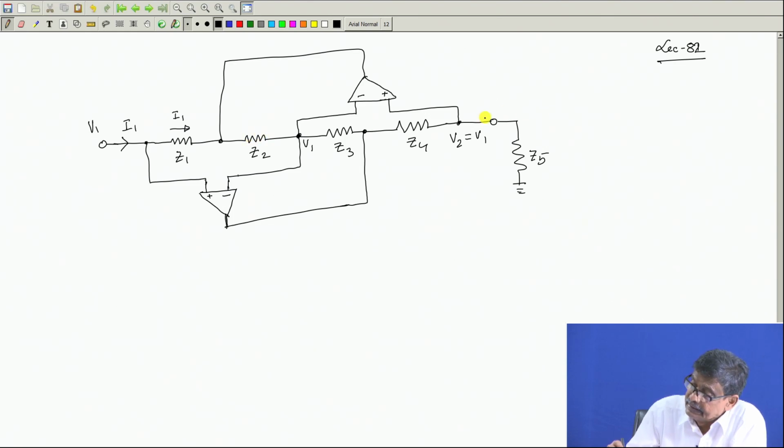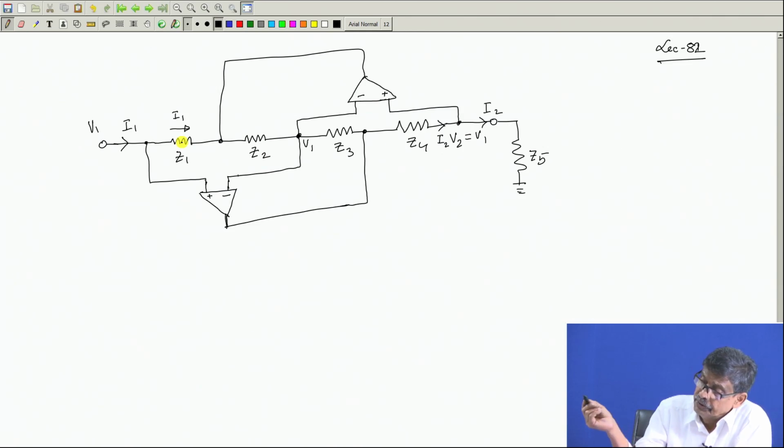Suppose I say that this current is I2, then there is no current in this branch. Therefore, applying KCL here, it will also give me this current to be I2. It has to be, for an ideal op amp. Therefore, this is I2, this is I2, this is I1, this is I1. That is good.